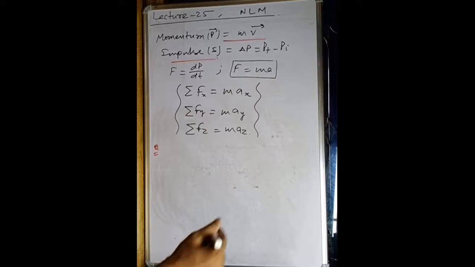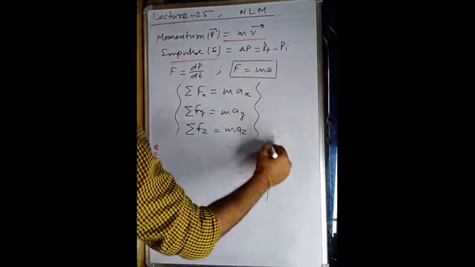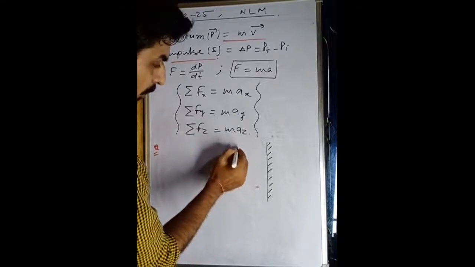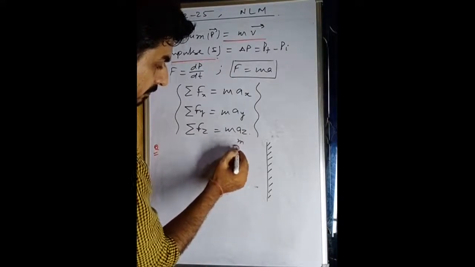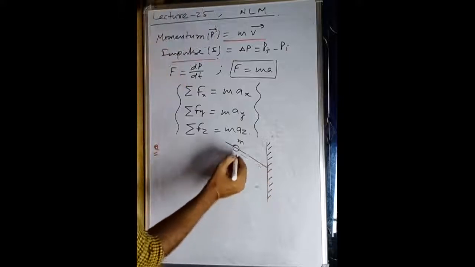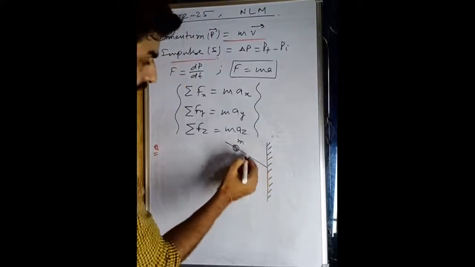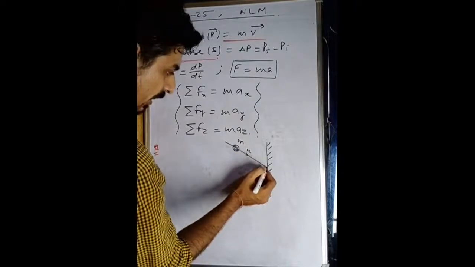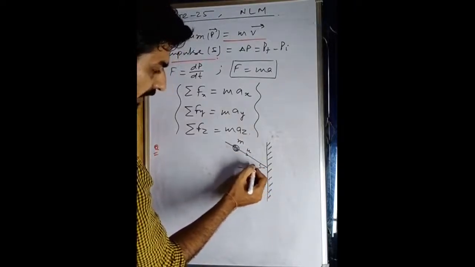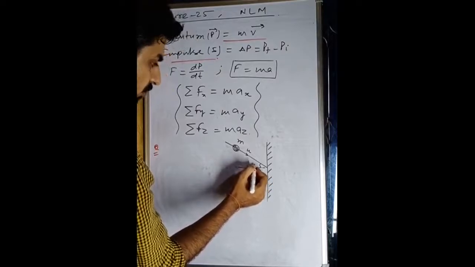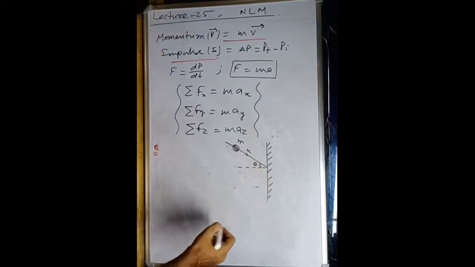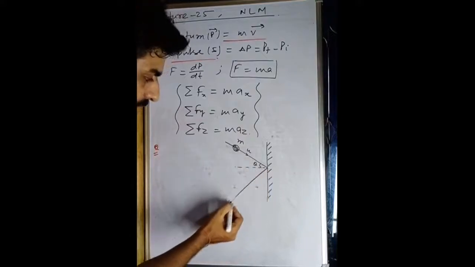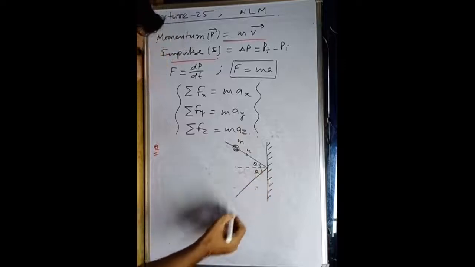Here is a wall, and a ball of mass m goes and impacts the wall with speed u in this direction. This direction makes an angle, suppose it is theta, and the ball reflects back without losing any energy, with the same speed at the same angle theta.